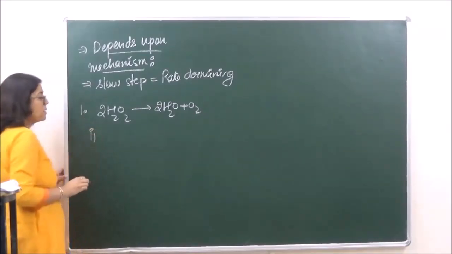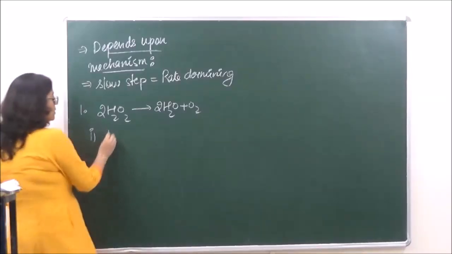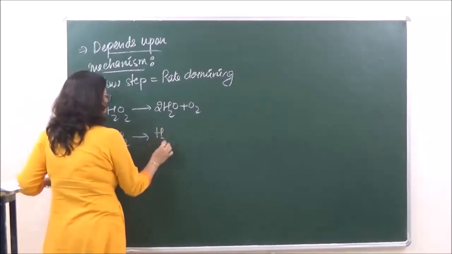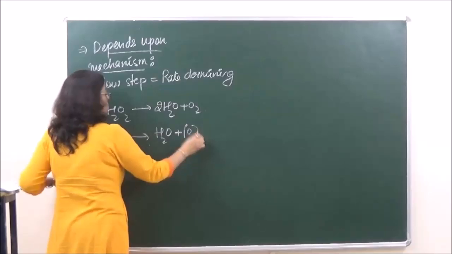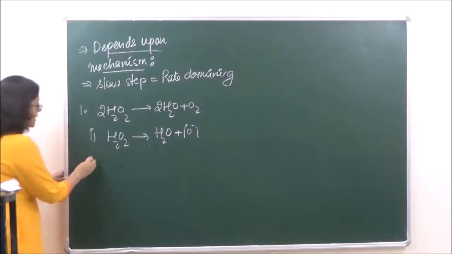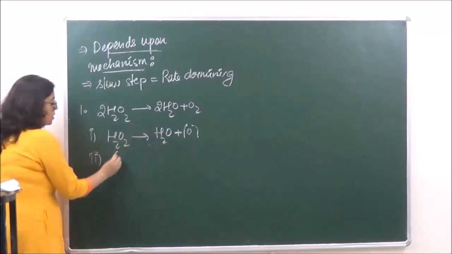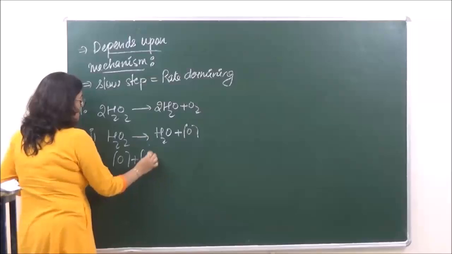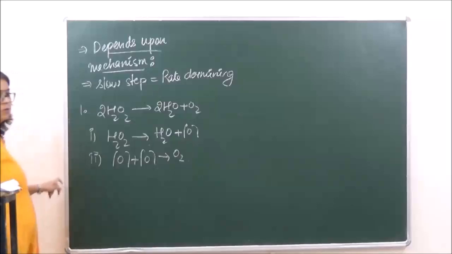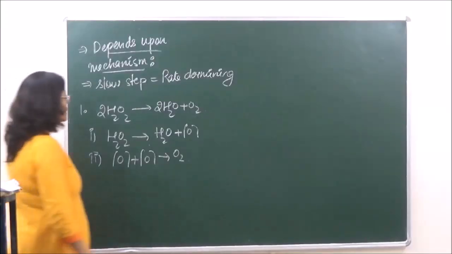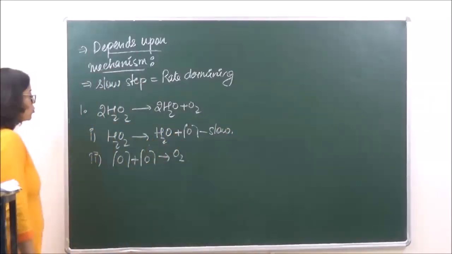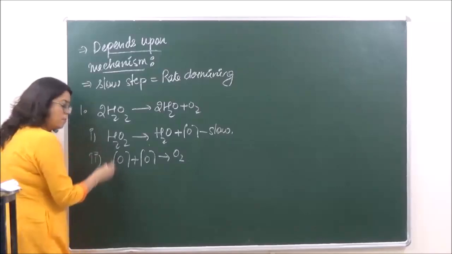In the first step, H2O2 dissociates into H2O plus O. And in the second step, the oxygens combine together to give us O2. Now in this reaction, this is a slow step, so the rate of the reaction will be given according to this step.